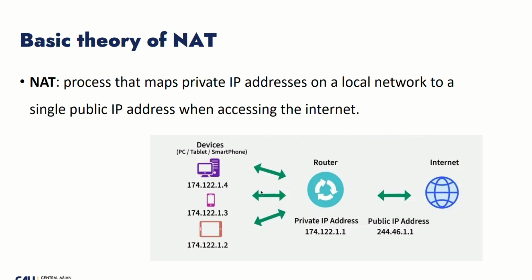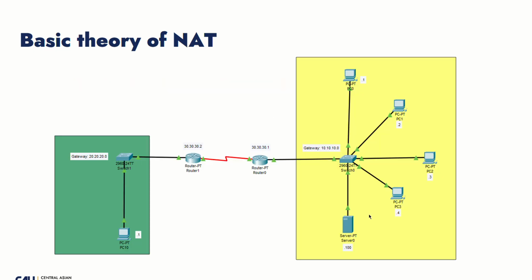When you go out to the internet, you only go with the public IP address. So from the internet, your private IP address will not be visible, so people cannot directly access your computer. But from your side, if you want to go to a particular computer with one particular IP address on the internet, then you only go with your source IP address as the public IP address assigned to you. All right, that's the basic theory.